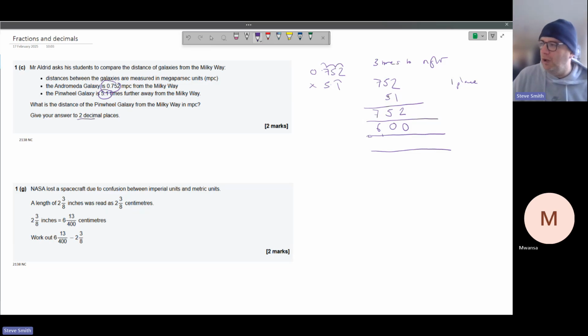And then 7 times 5 is 35, add our spare, it's 37. So we've now got 2 rows to add up, and we add them straight down in the columns. 13 with 1 to spare, 7 becomes an 8, and that is still 3.